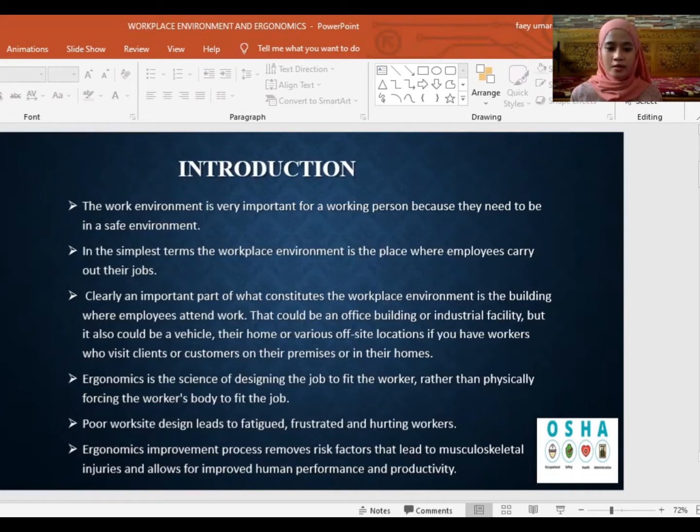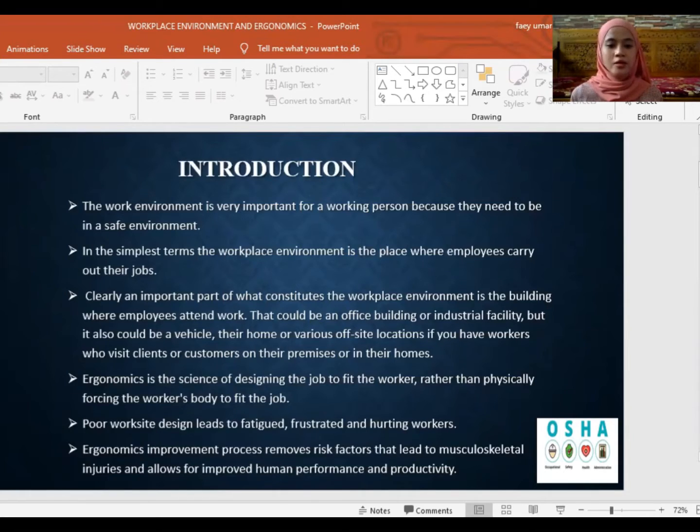Ergonomics is the science of designing the job to fit the worker rather than physically forcing the worker's body to fit the job. Poor worksite design leads to fatigue, frustrated, and hurting workers.